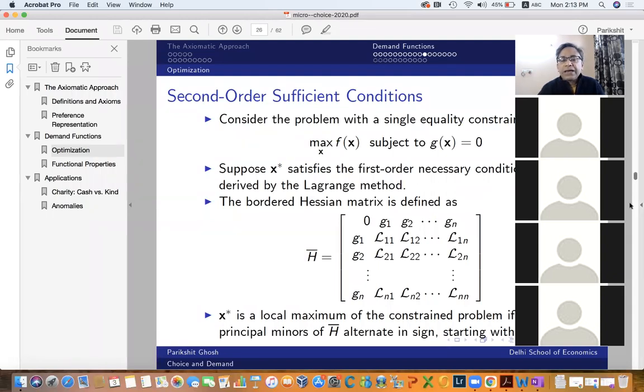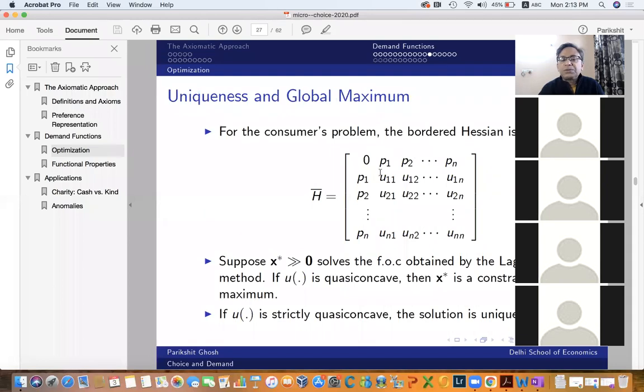Now, if we apply that to the consumer's problem, our bordered Hessian matrix looks like this. It's all the second derivatives of our utility function, and the borders are the prices. So this has to be alternating in sign.